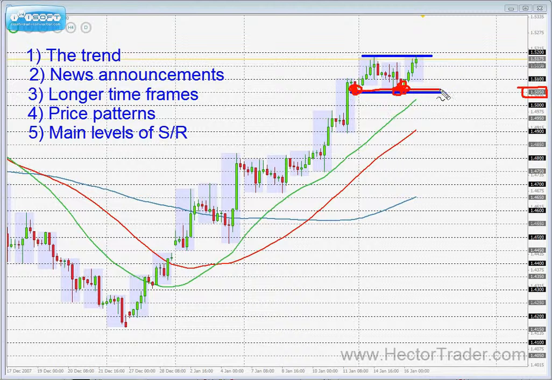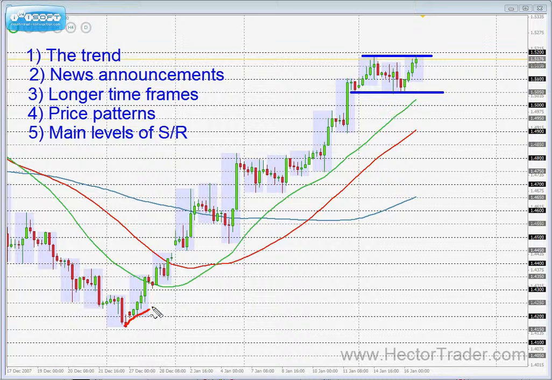If this level breaks to the downside, this uptrend will probably be compromised. I don't want this level to give way in this uptrend. If I see price breaking to the downside and violating this support level, I will consider that, for the time being, this uptrend might be weakening.